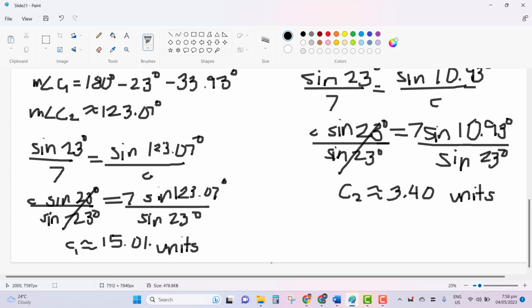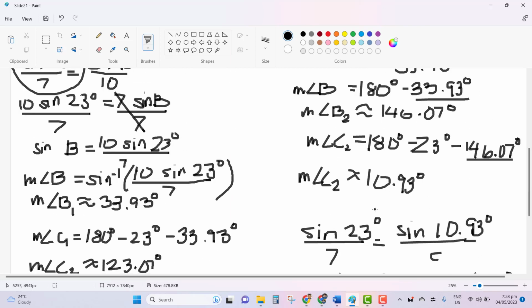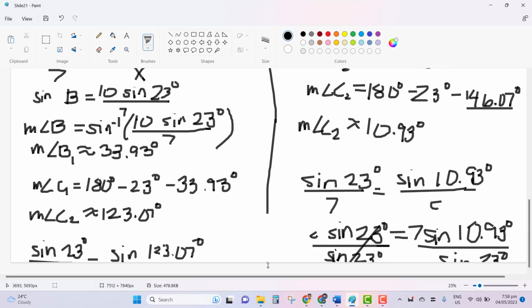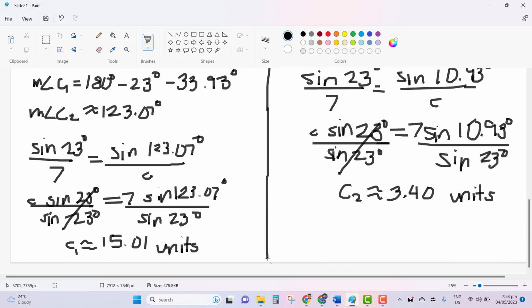So notice the difference of the side measurement of C, which is also true with the other variables. Now this was case 1 versus case 2, but both cases still follow the same concept: the side opposite the largest angle is your longest side.